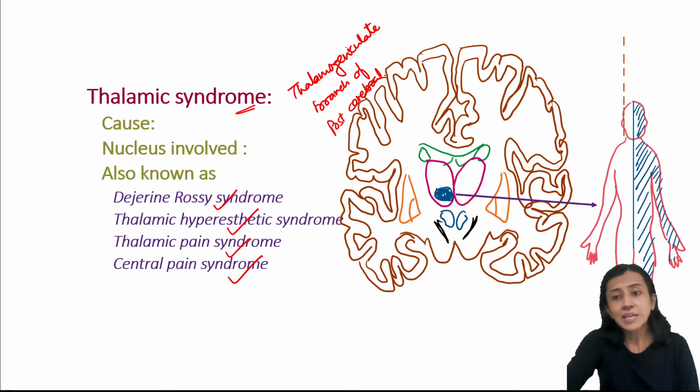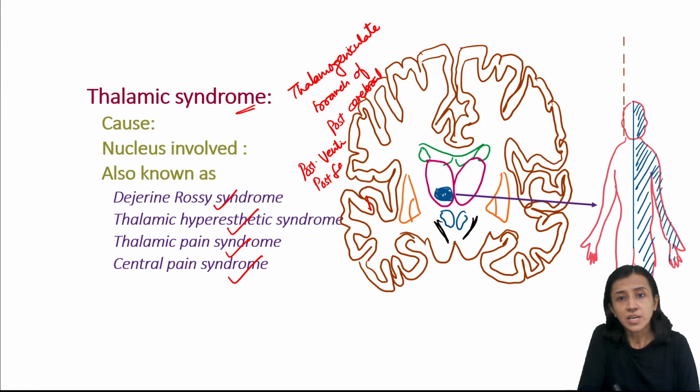The nuclei supplied by this artery, the posteroventral and posterolateral nuclei, are affected.